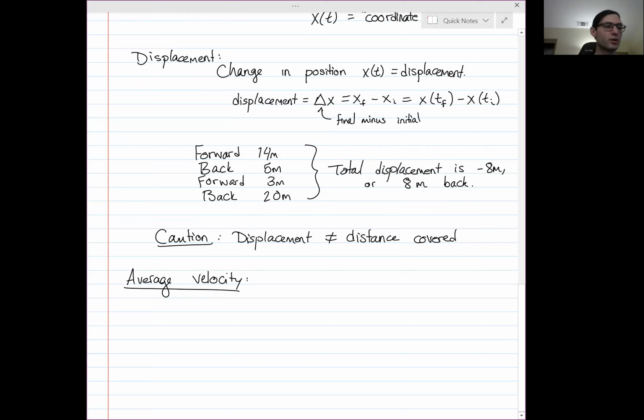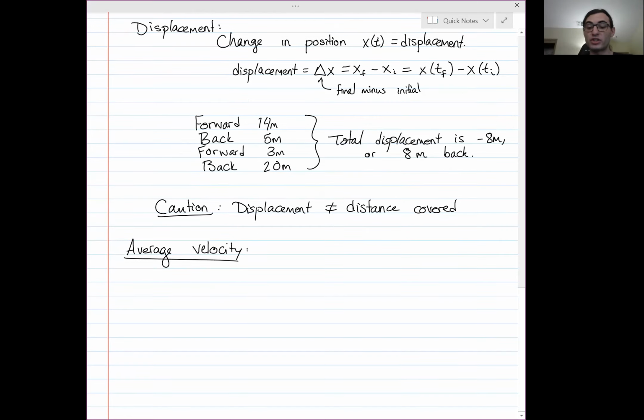So the question that you might seek to know the answer to if you're doing physics is how do we describe how quickly that displacement occurred? There's only one way to do that, and that would be to basically time it, right? If we were to time this whole event, that would tell us how quickly that displacement occurred.